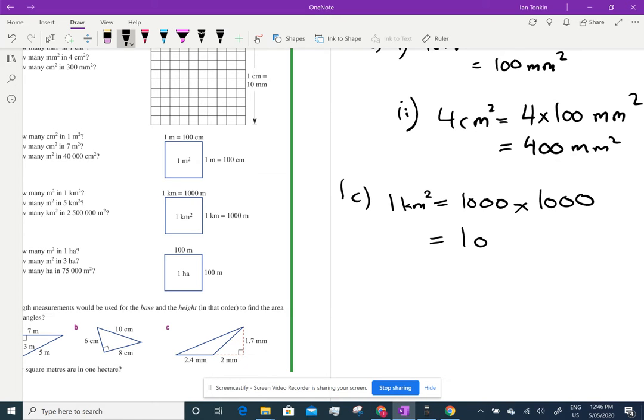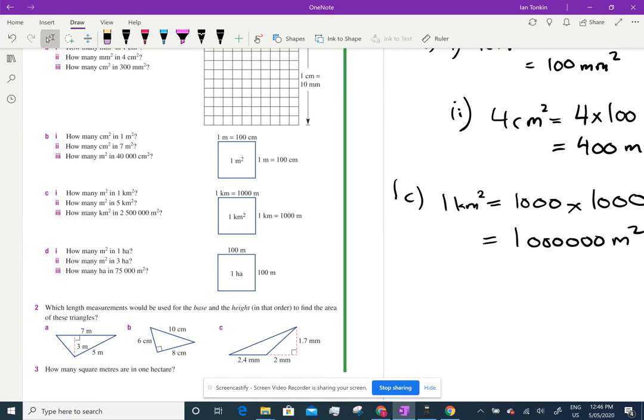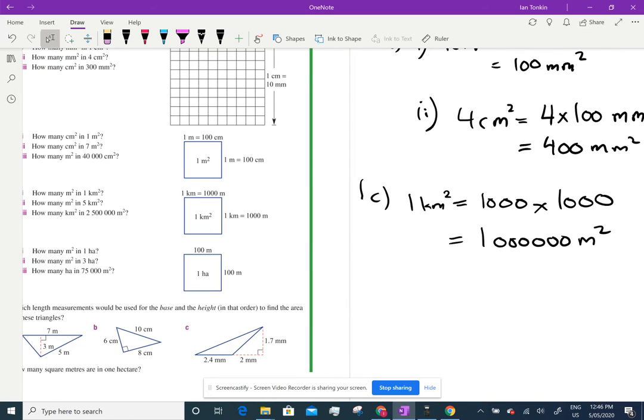Well, that's 1,000,000 metres squared. That's a pretty interesting thing because a lot of people don't remember that. It's 1,000,000 metres squared in 1 kilometre. That means you could fit, think about that, a metre square on the ground in front of you. To fill up a kilometre by a kilometre square, you need 1,000,000 of them.